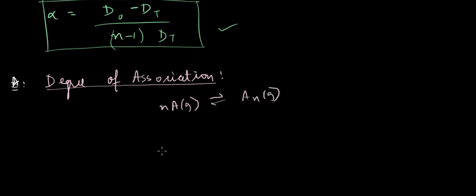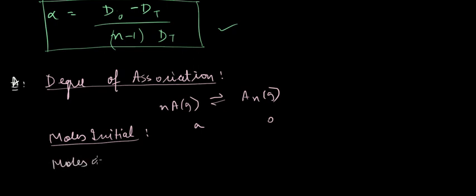Initial moles would be A and 0, and final moles at equilibrium would be A minus alpha A and alpha A by n.